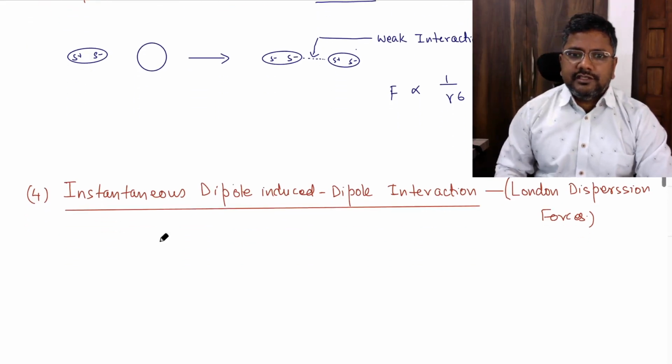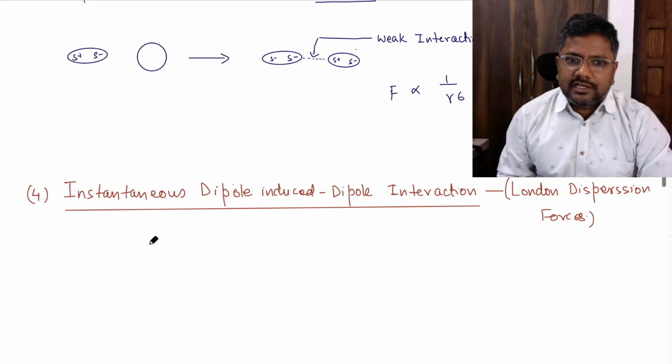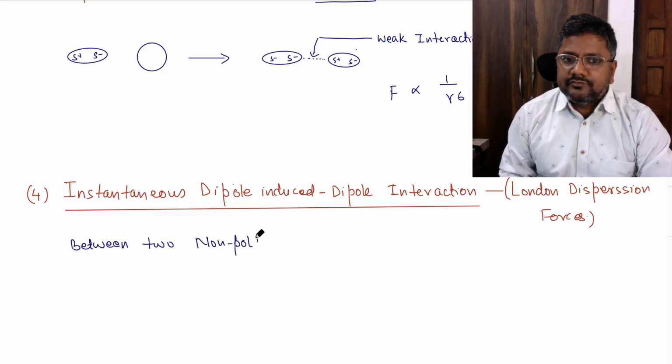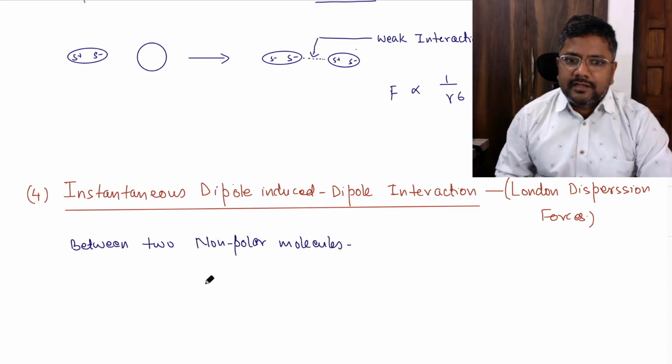Now see, this type of interaction is observed between which kind of molecule? The answer is between two non-polar molecules. This is observed between two non-polar molecules.